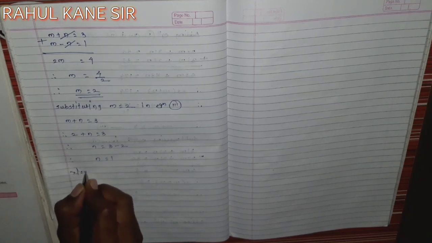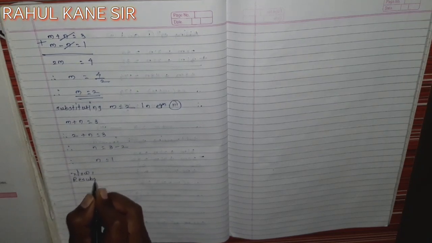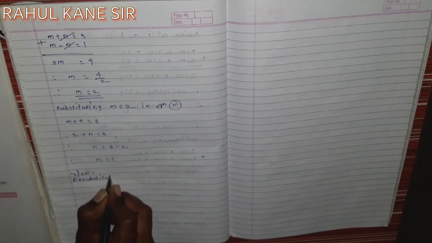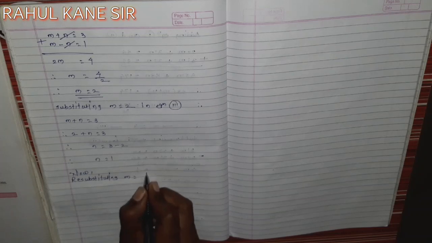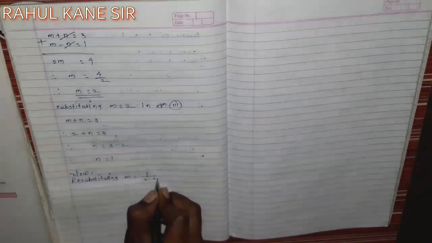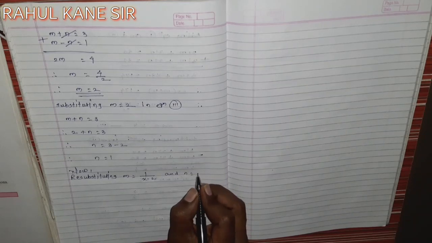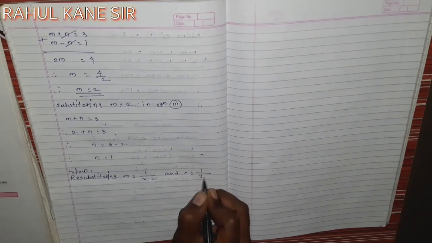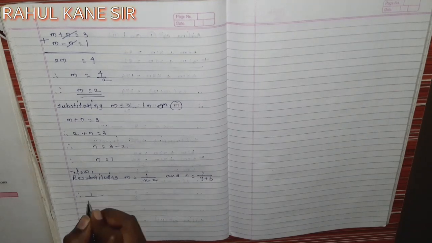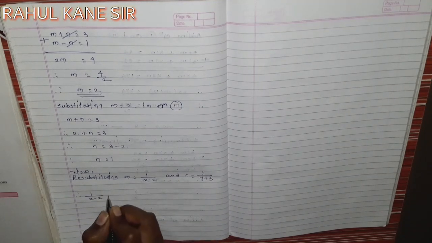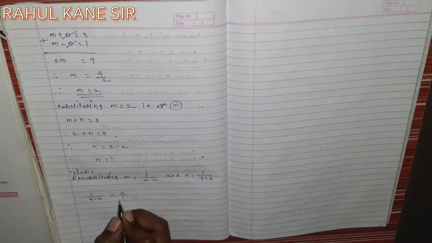Now resubstituting m equals 1 upon x minus 2 and n equals 1 upon y plus 3. Therefore 1 upon x minus 2 equals the value of m, that is 2 upon 1.